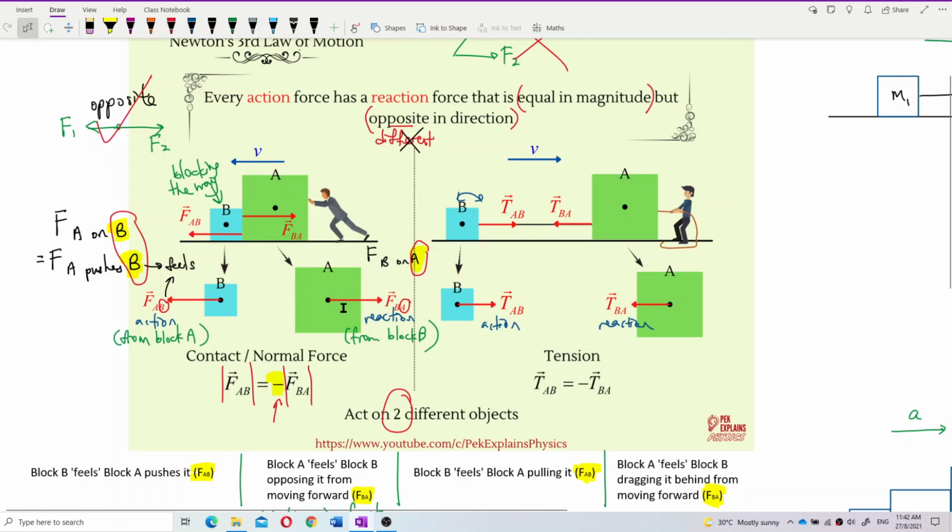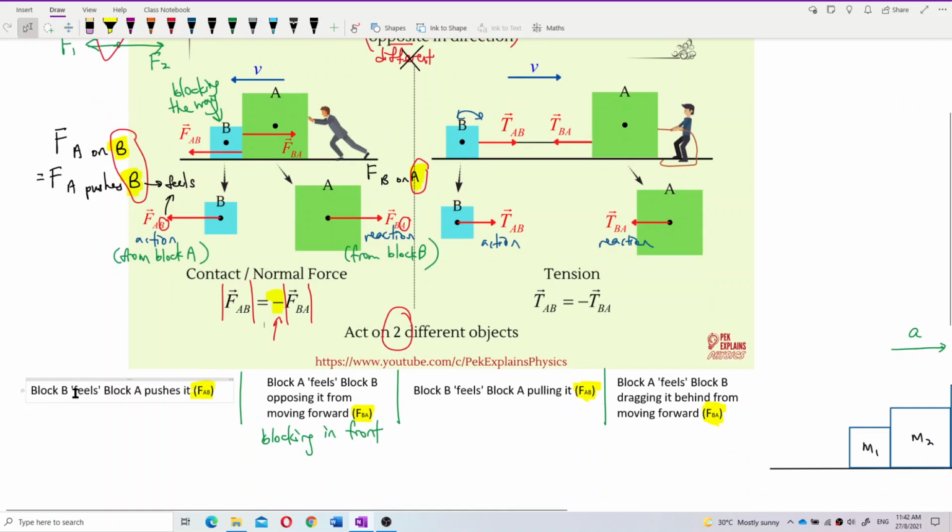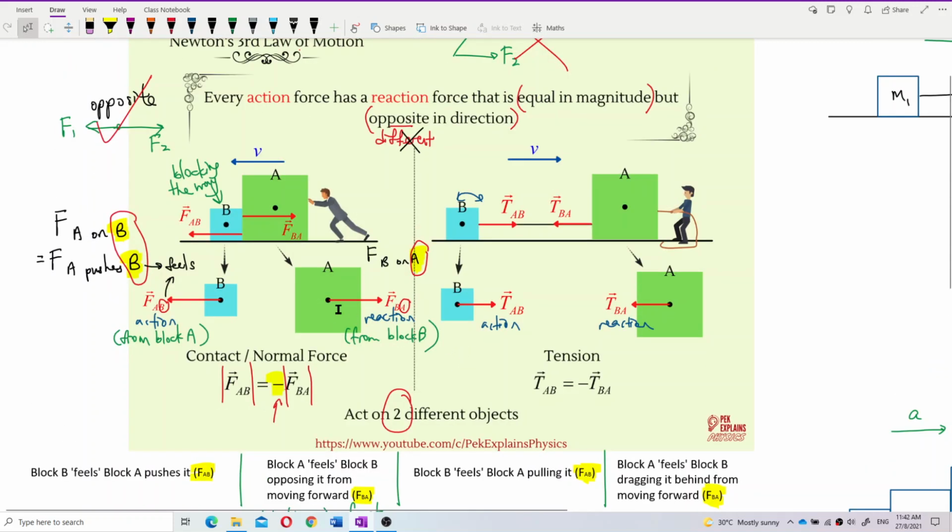Without block B, block A can move forward much easier. That is what it means by FAB and FBA. Block B feels block A is pushing it, FAB. Block A feels block B is opposing it from moving forward, FBA. So different mass, yet they experience the same action-reaction force.